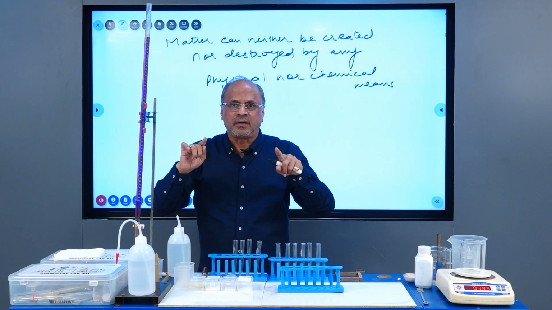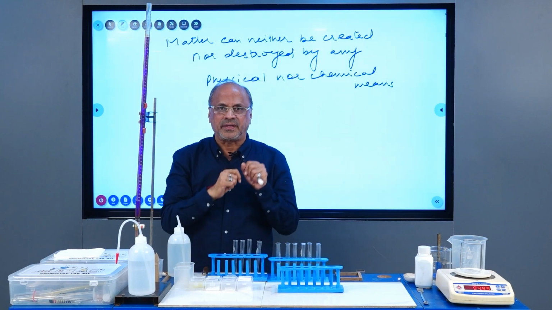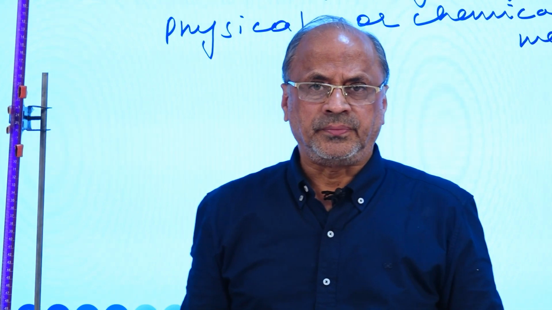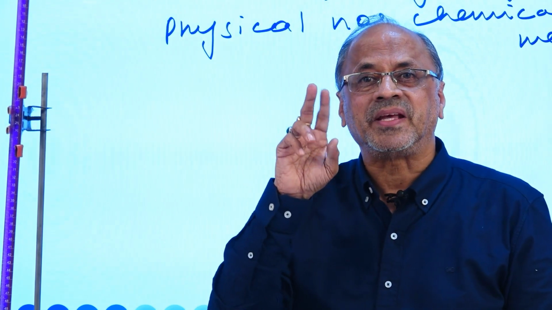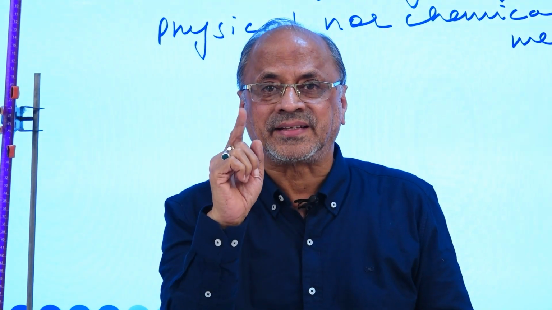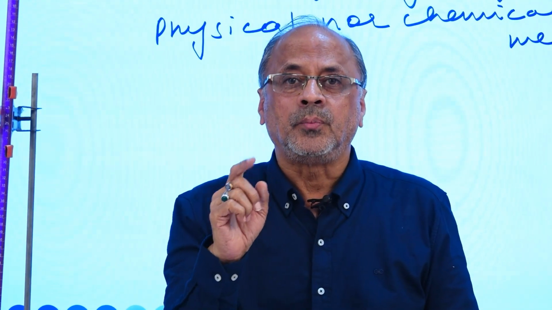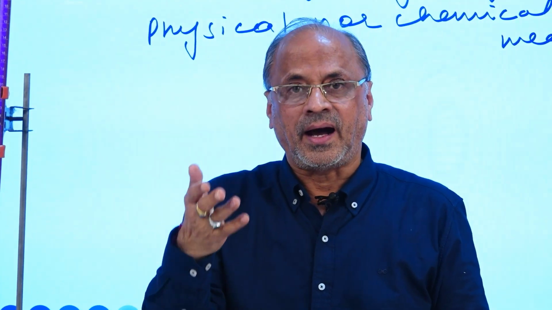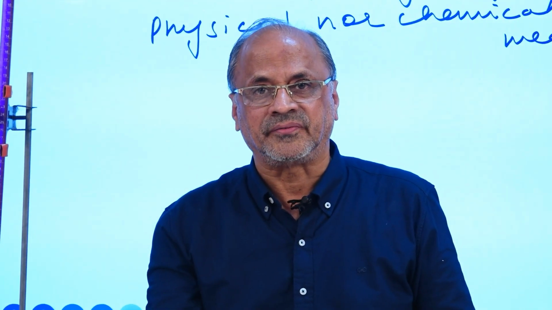So let us go for the experiment now. What is the experiment I am going to show? It is a double displacement reaction. The reaction of lead nitrate with potassium chromate. And here I have those chemicals in front of me.